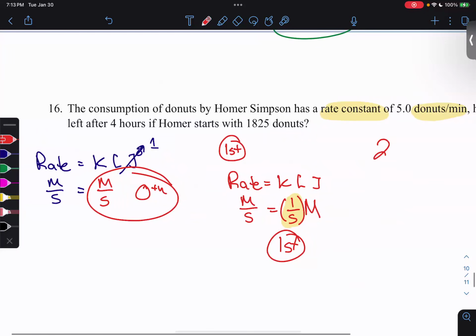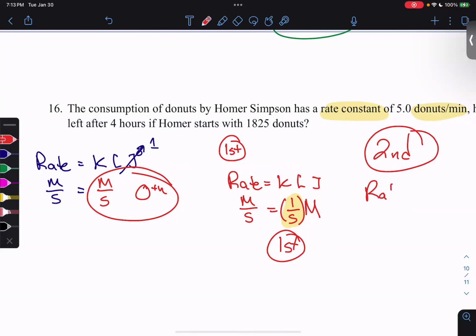All right, so then what about a 2nd order reaction? We write the rate law for a 2nd order reaction, just a generic one. Rate equals K, but how many molarity units do you multiply by? 2 of them, so it's molarity squared. And then you ask yourself, what does the unit of K have to be so rate ends up being molarity per second?